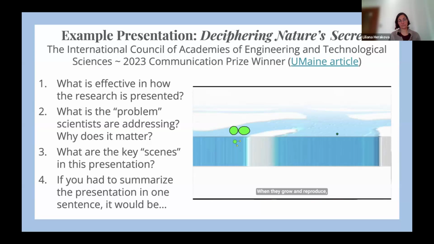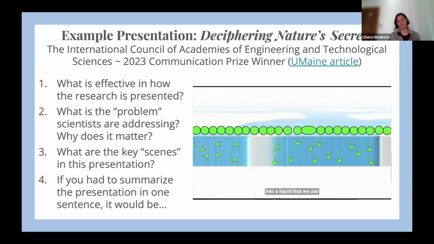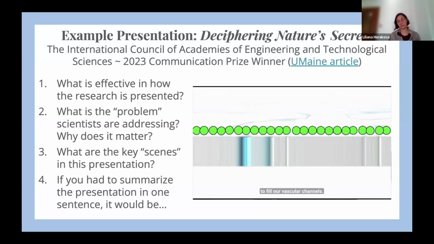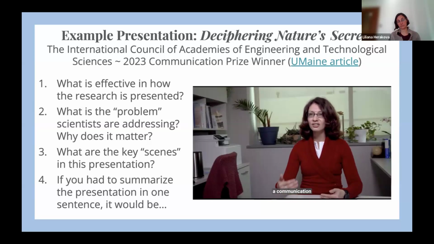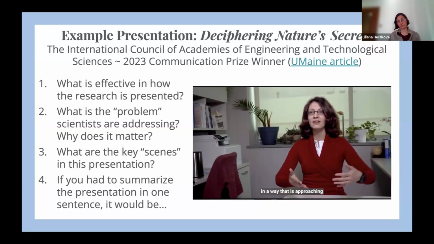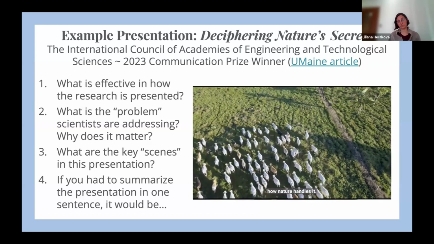When they grow and reproduce, they create compounds, and those compounds diffuse down from the surface into a liquid that we use to fill our vascular channels. But it went further than this. We actually found that we could infiltrate those vascular networks with materials that would instruct the bacteria to do specific things. So in this way, we were able to create a communication loop with the bacteria in a way that is approaching how nature handles it.